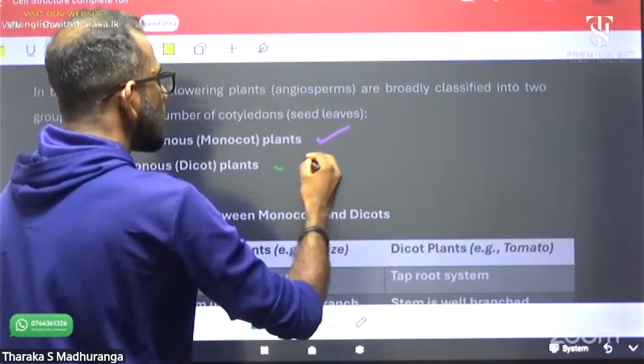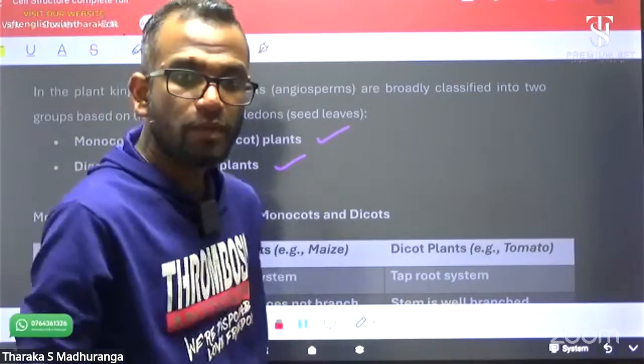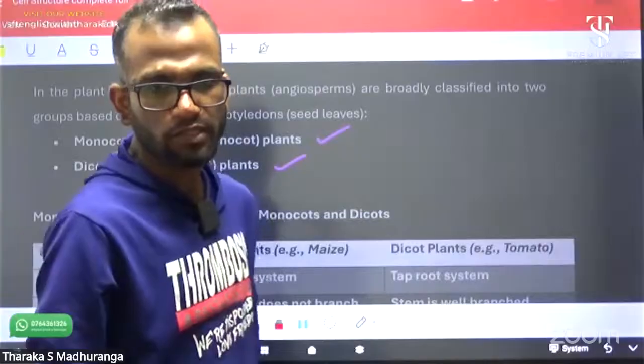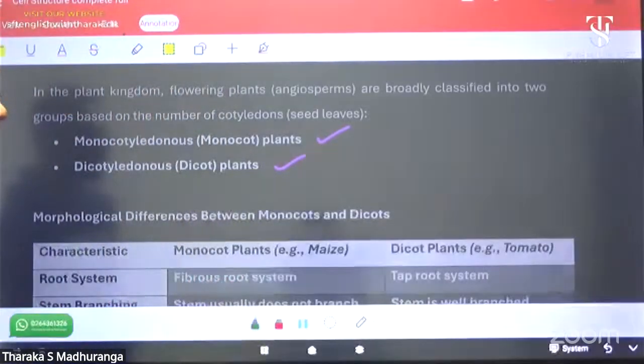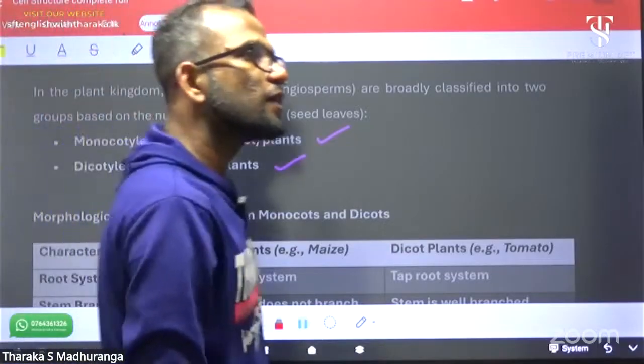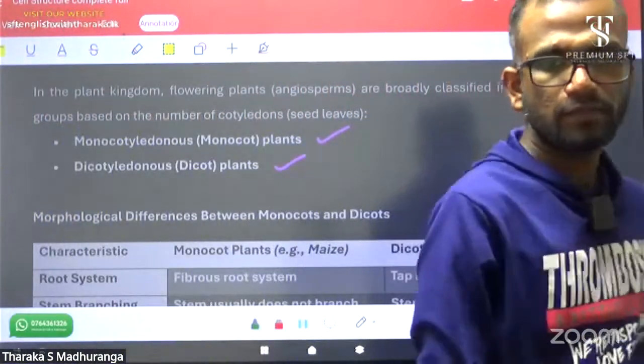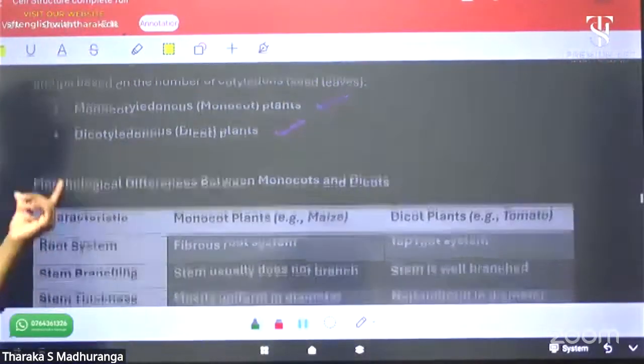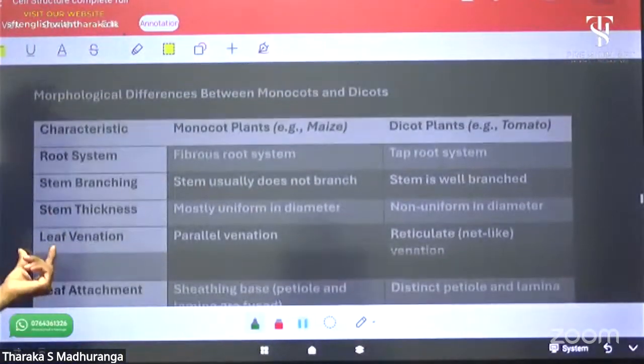Monocot plants and dicot plants. I think you already know monocotyledon plants and dicotyledon plants. Okay, let's see what the differences are between monocotyledon plants and dicotyledon plants.